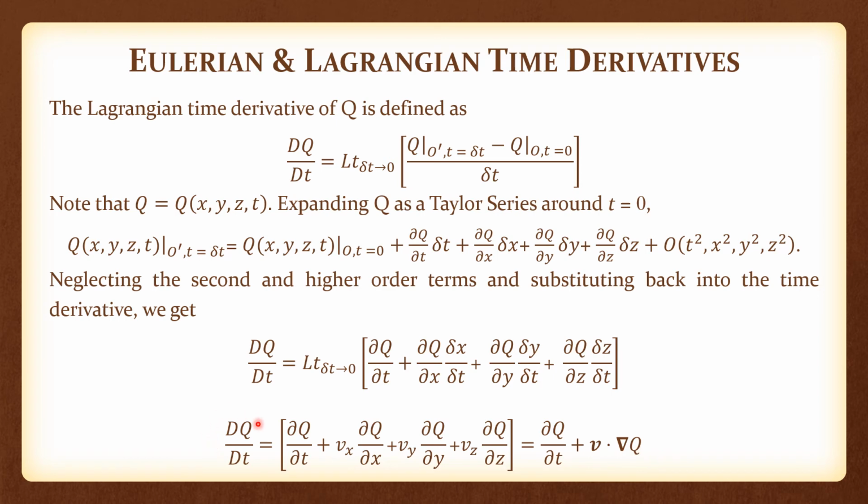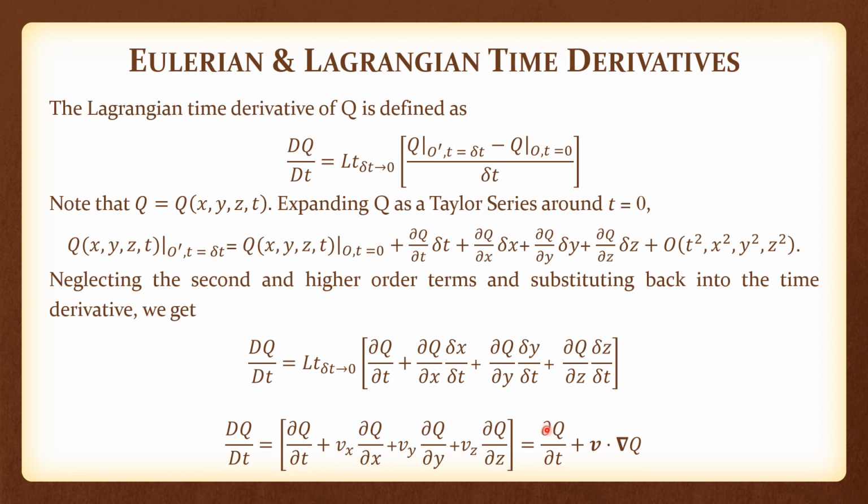So this basically gives us the relationship between the Lagrangian time derivative denoted by the capital dq dt and the Eulerian time derivative, which is conventionally denoted as del q del t. Of course, this is evaluated at a fixed x, y, z. Remember, and that is the Eulerian perspective. I am evaluating this partial derivative at a point.